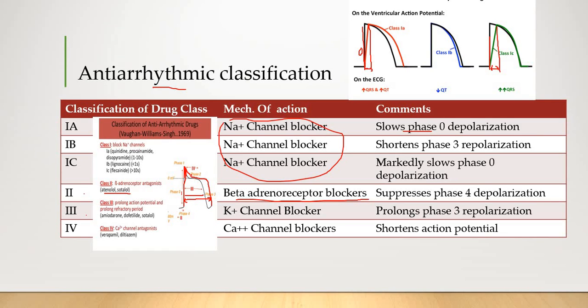Consequently, as the plateau period is prolonged, the duration of the effective refractory period will also be prolonged. Consequently, these drugs will work as antiarrhythmic drugs. Now, I hope you understand how antiarrhythmic drugs work and what the manifestation will be in the electrocardiogram.